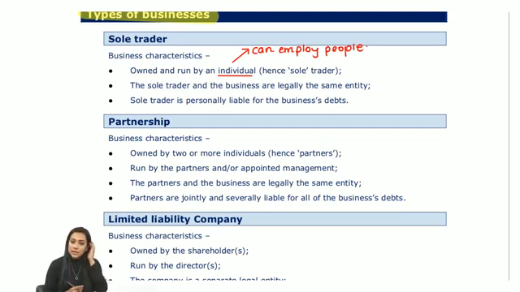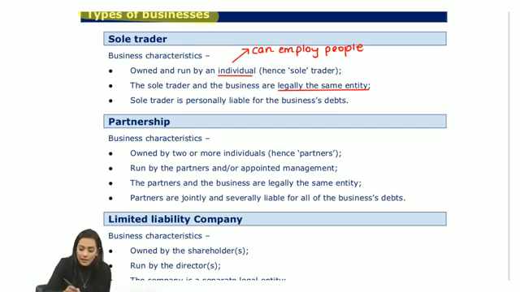And sole traders are very important because in the eyes of the law, the person who owns the business and the business are legally the same entity. So in the eyes of the law, the business and the person are the same. If we look at the business, we're looking at the sole trader. Now what this means, that if the business is in trouble, it means the individual is in trouble as well.